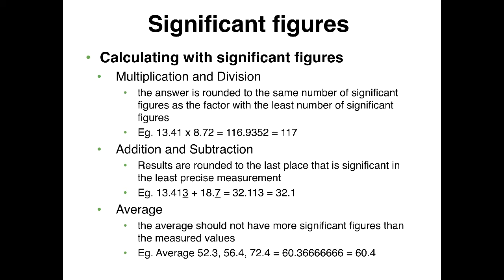Let's say you're taking the average of 52.3, 56.4, and 72.4. If you use a calculator, you add those 3 up and divide by 3, and you get the answer 60.366666. But you should only have 3 significant figures in your answer, so you round up to 60.4.